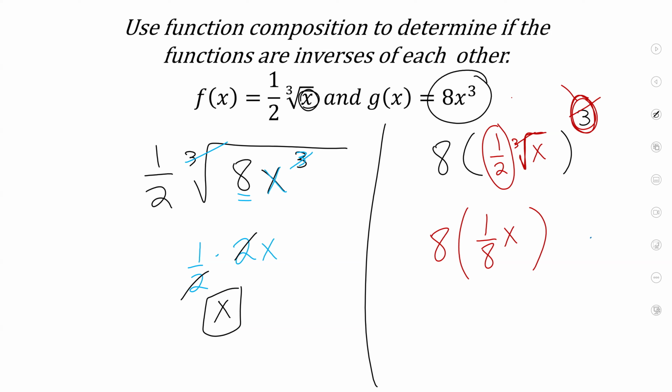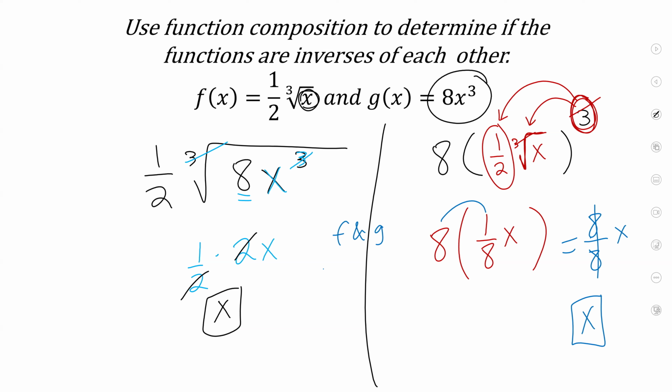This cubed went to the 1/2, and it went to this thing. All right, now if you distribute this, 8 times 1 is 8. So you get 8 over 8, x. Those cancel, it's just x. So that means these are inverses. F and g are inverses. And we proved it using composition of functions. That's it.